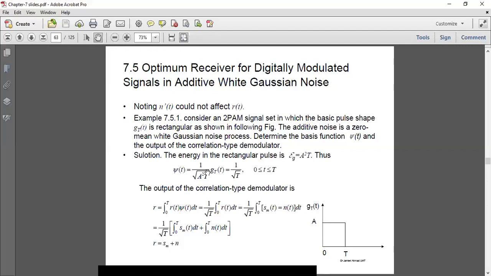If we put the value of g(t) over here, it will be further simplified to 1 over square root of T, because A squared T cancels. So we are only left with 1 over the root of T, and it is in between 0 to T.